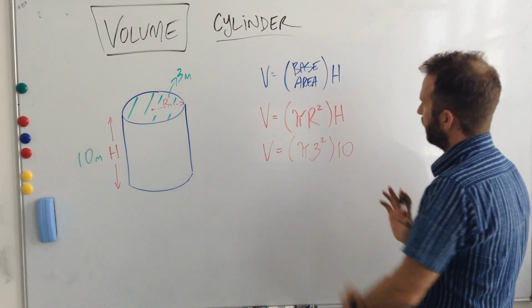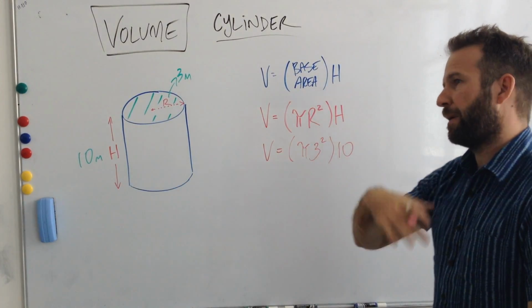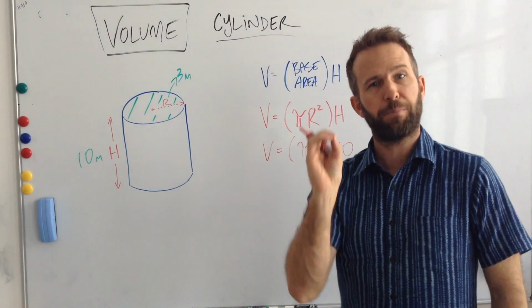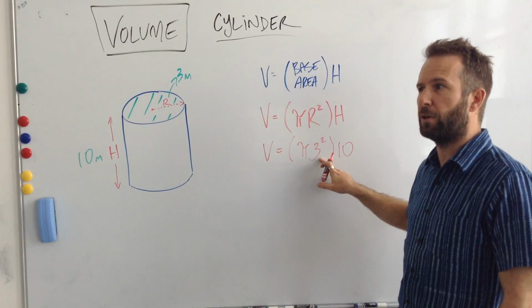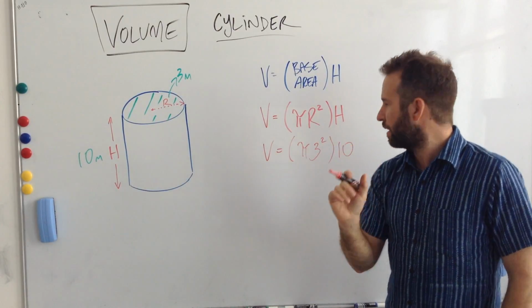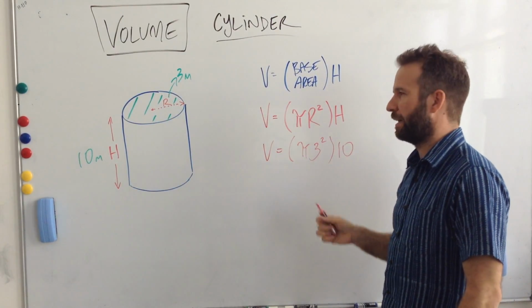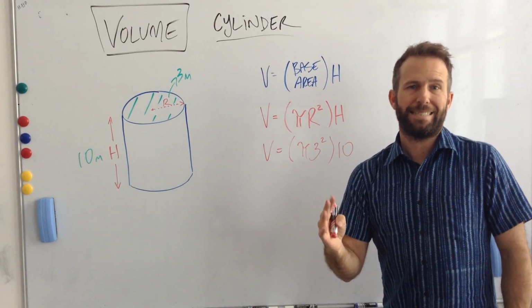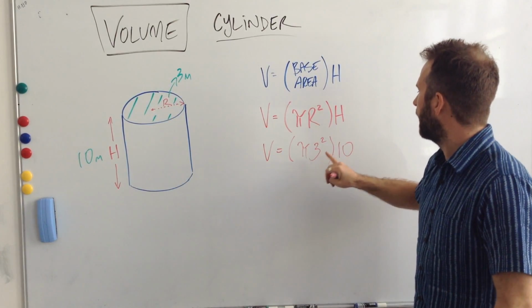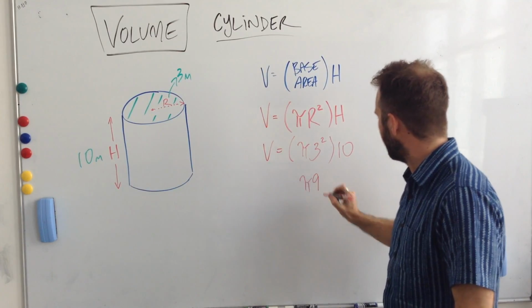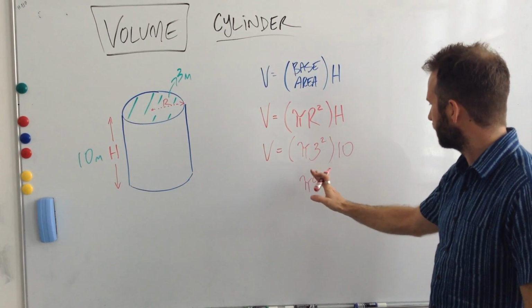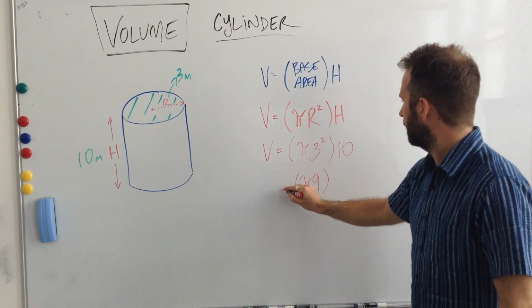We have to work inside the parentheses first when we're doing this, and then PEMDAS tells us, is there any exponents? In this case, there is, so we have to do the 3 squared first. Remember, with exponents, it's not 3 multiplied by 2, but 3 multiplied by itself. So in other words, 3 times 3. So inside the parenthesis here, I get 9 times pi, or pi times 9, as I've written it here. Okay?